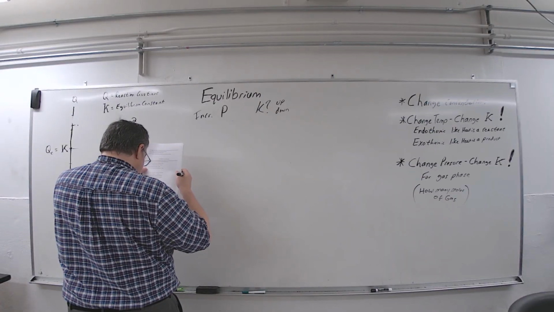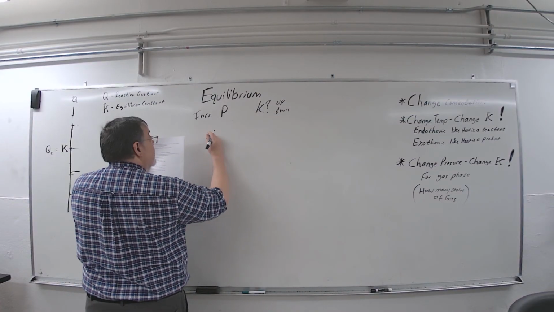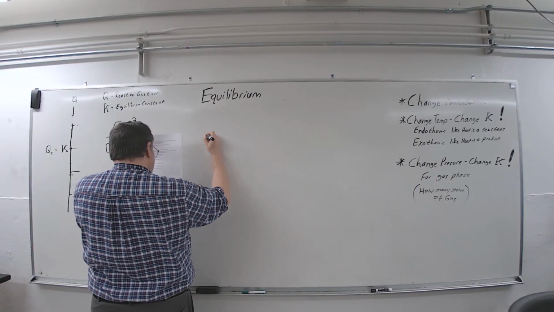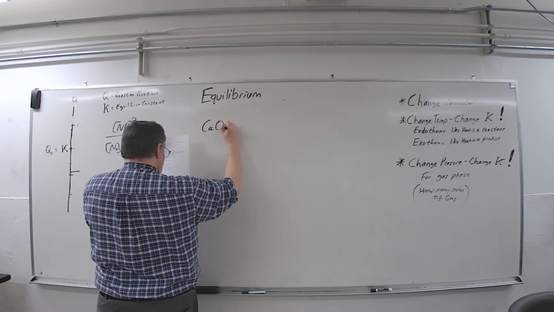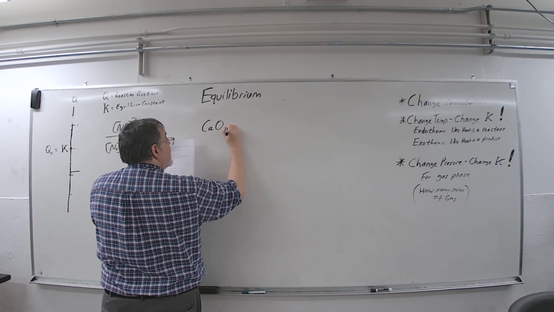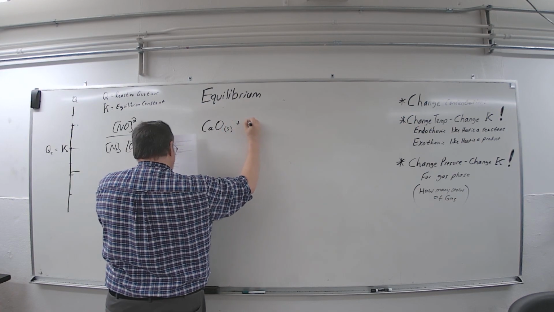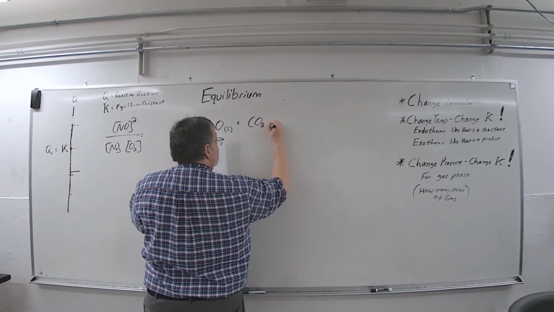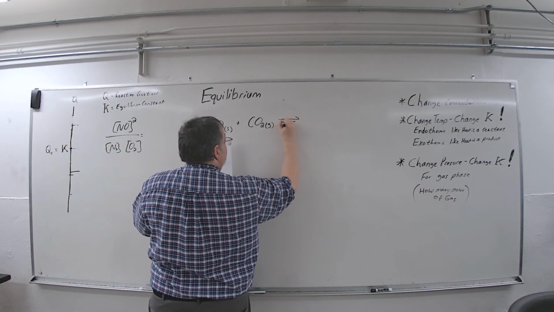Here's a reaction that you can do. Sealed in a chamber. Calcium oxide, that's a solid. With some CO2 sealed in a chamber, and you get an equilibrium.